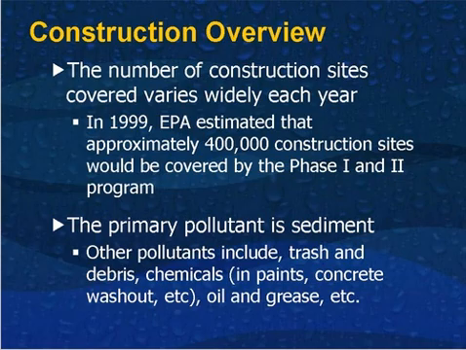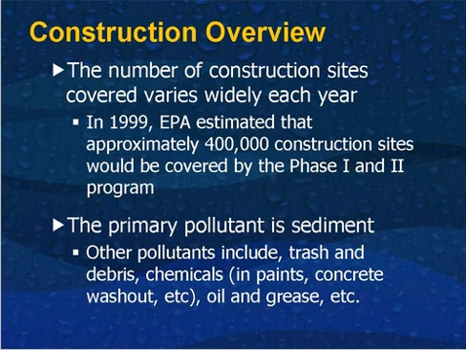As I mentioned before, we do have a lot of webcasts already on this topic, so I'm just going to go over this very briefly. We do cover the discharges of stormwater from construction sites during the active construction period. Back in 1999, when we finalized the Phase 2 rule, we estimated that approximately 400,000 construction sites would be covered by the Phase 1 and Phase 2 program.